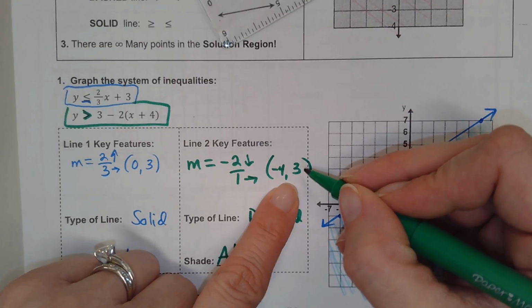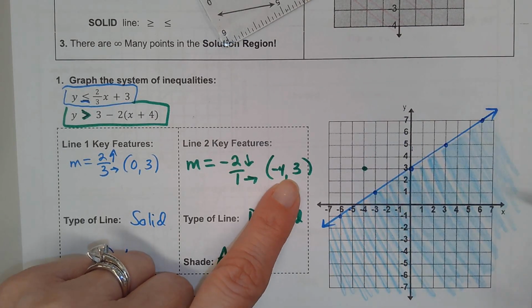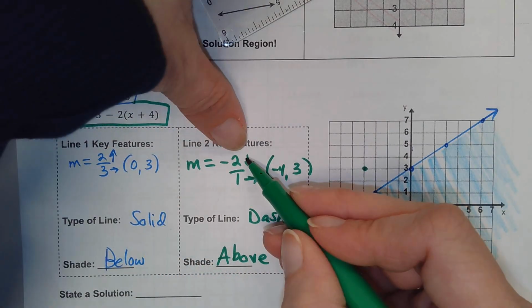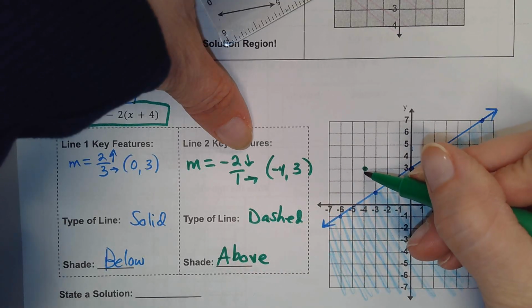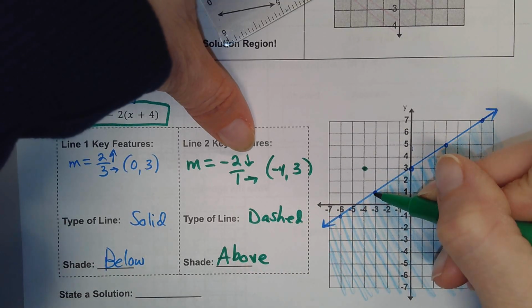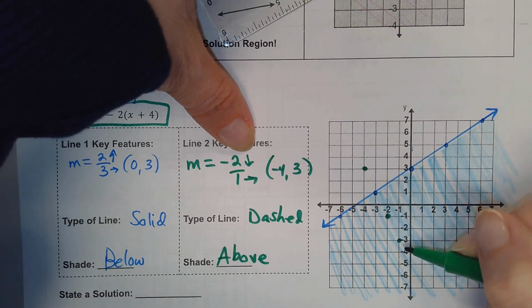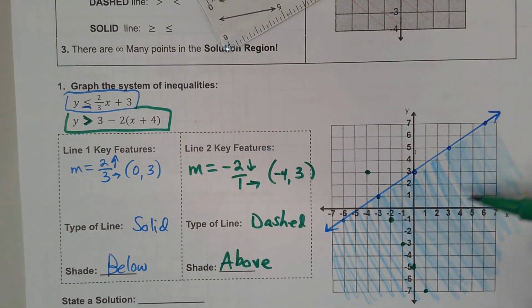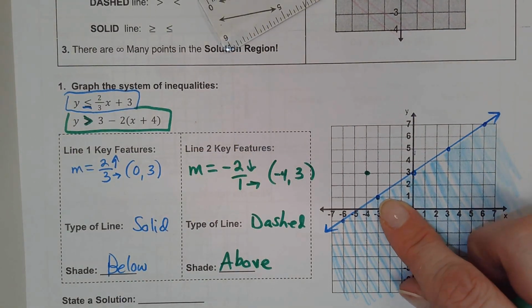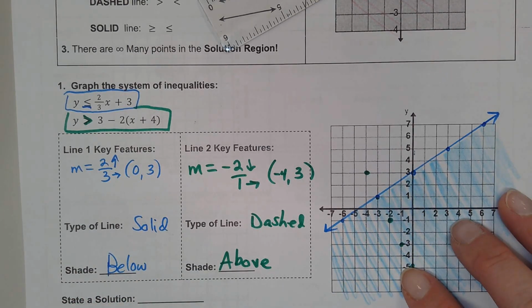So the starting point, -4, 1, 2, 3, is right there. And now we go down 2, right 1. My line needs to be decreasing. Down 2 over 1, down 2 over 1. If these were just lines, I would have found the intersection point. But in this chapter, it's an entire region.